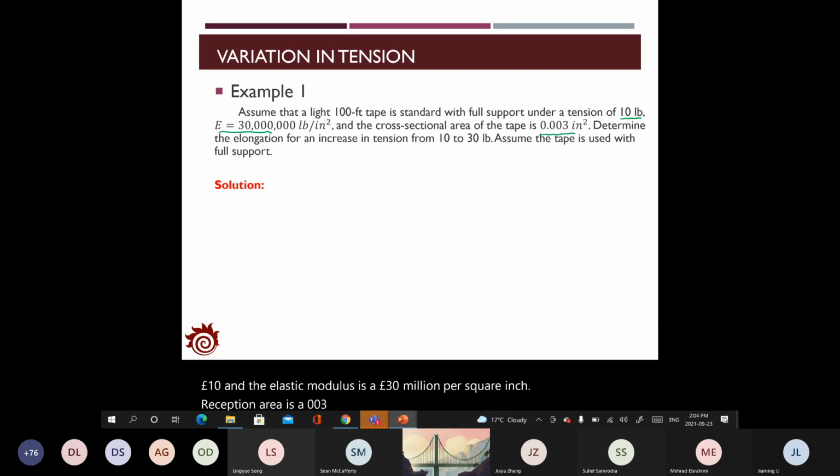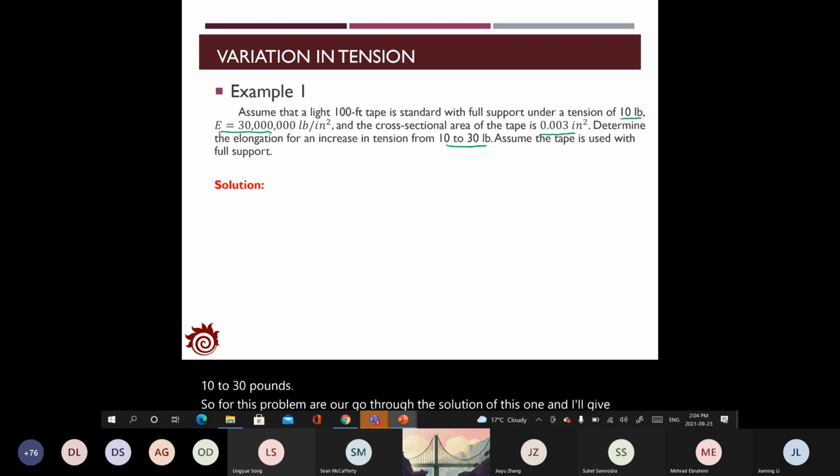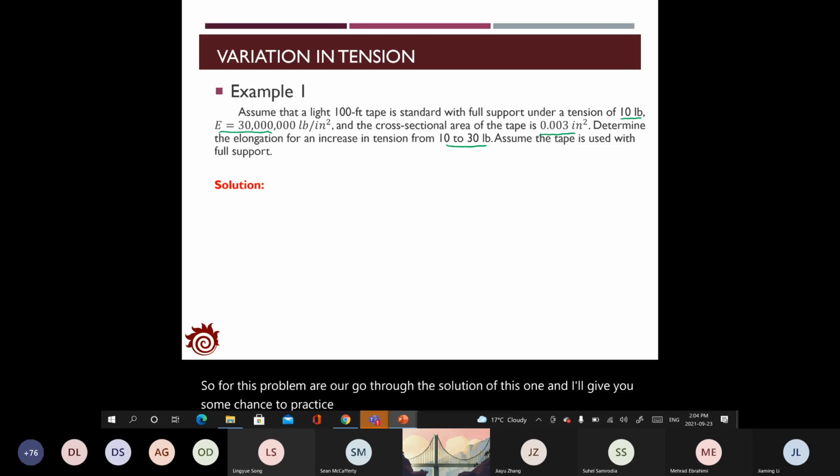We want to find out the elongation for the increase in tension from 10 to 30 pounds. This one asks us to find the correction of the tension if you increase the tension from 10 to 30 pounds. For this problem, I will go through the solution, and I'll give you some chance to practice on the other examples by yourself.